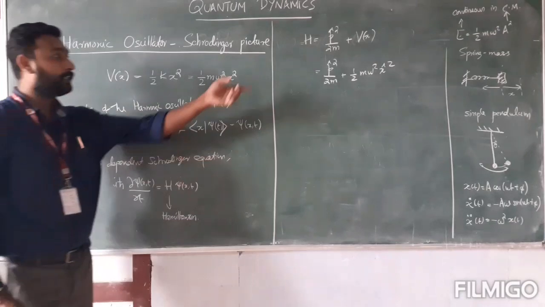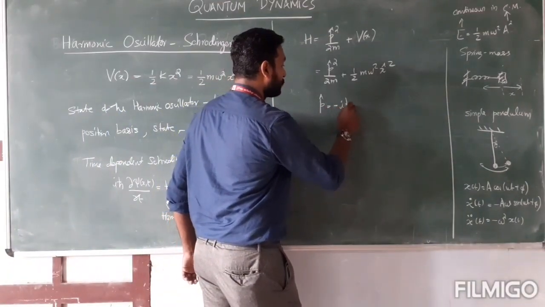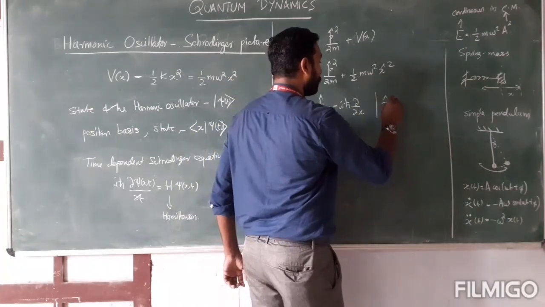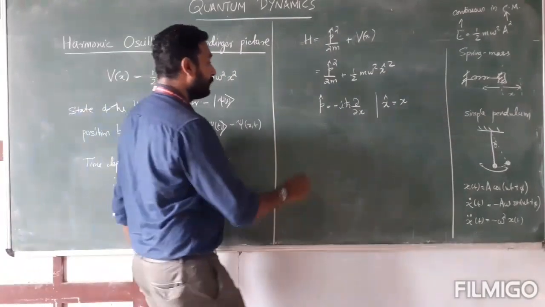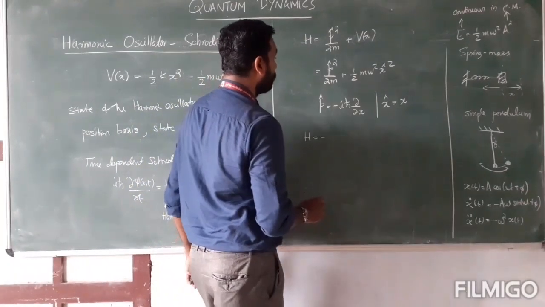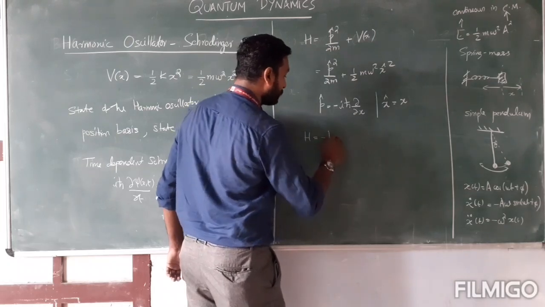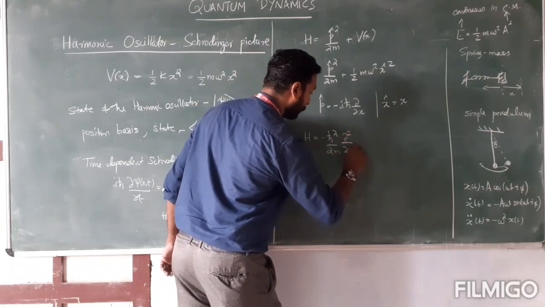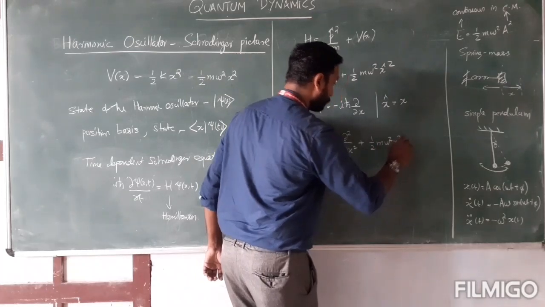In position basis, the momentum operator p is written as −iħ ∂/∂x, and x is simply written as x. Okay, so hence my Hamiltonian can be written as, p² will become minus ħ²/2m ∂²/∂x² plus ½mω²x².